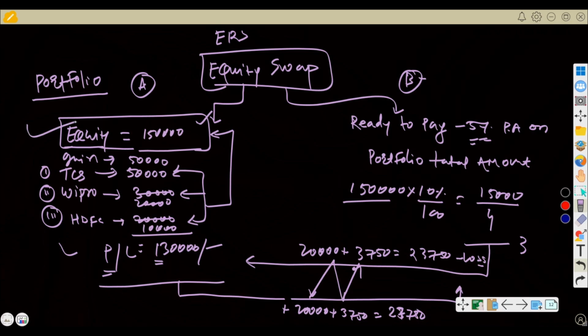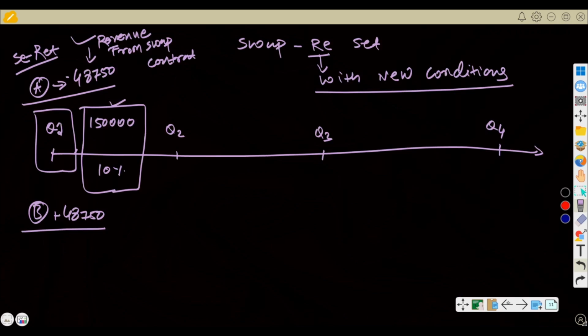And why the reset is important: if you can relate here, at the end of the quarter, just calculate the benefits of A. A would be in profit of 23,750 and B in loss of 23,750.